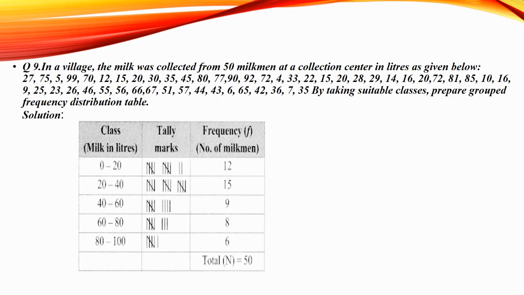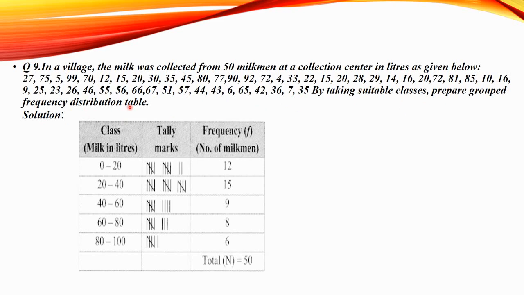Question number 9. In a village, milk was collected from 50 milkmen at a collection center in liters as given below. The liters are 27, 75, 5, 99, 70, 12, 15 and so on till 35. By taking suitable classes, we have to prepare a grouped frequency table.